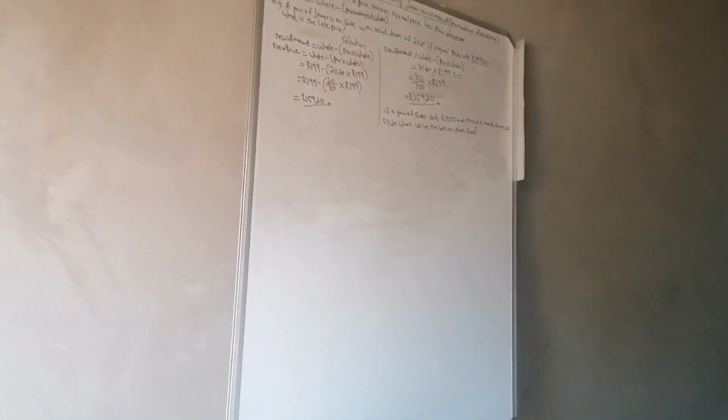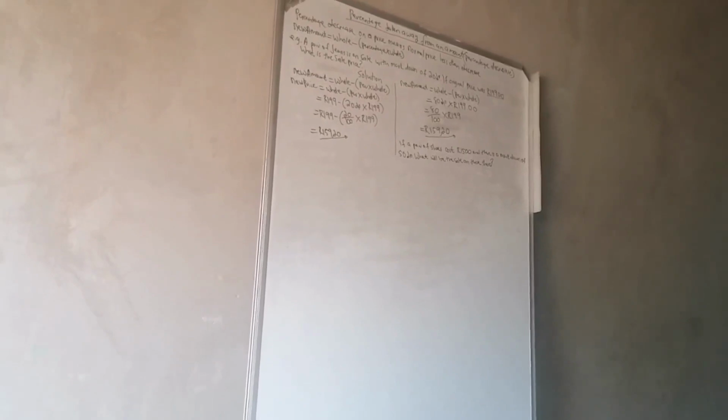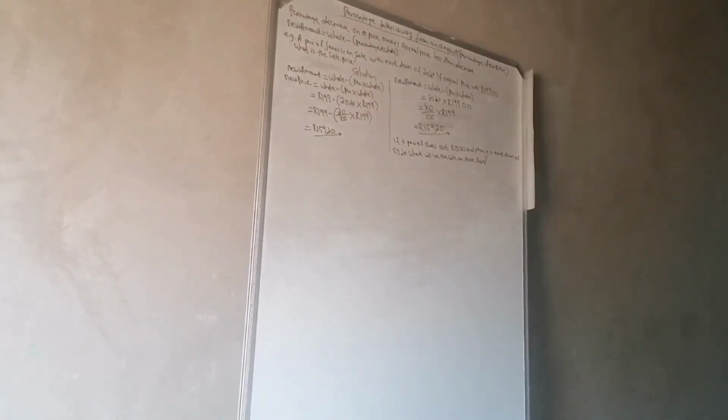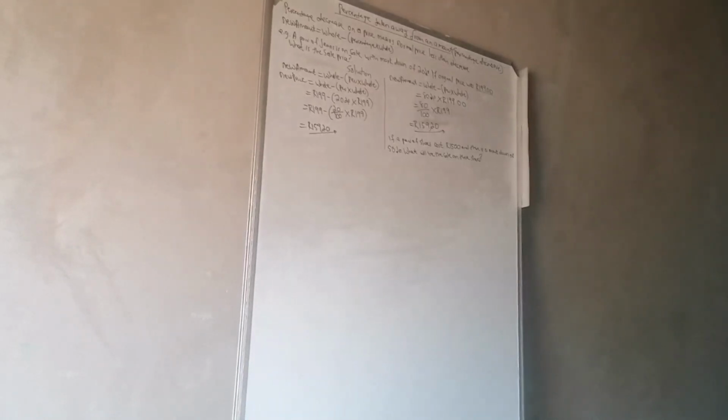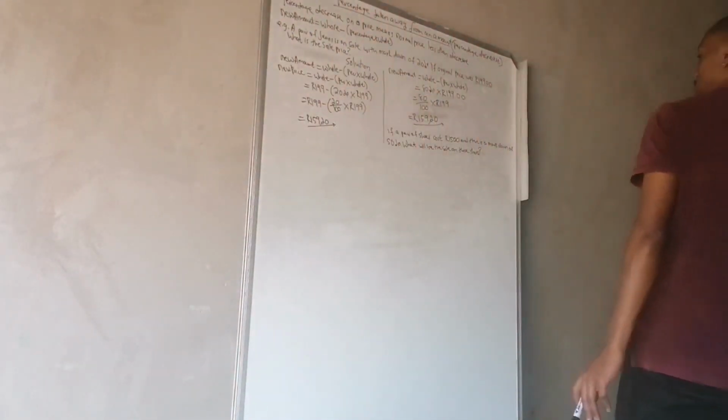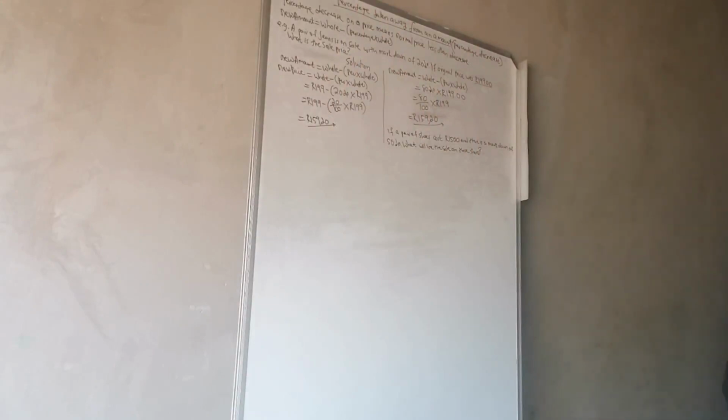If a pair of shoes costs 1,500 and there is a markdown of 50%, what will be the sale price on these shoes?